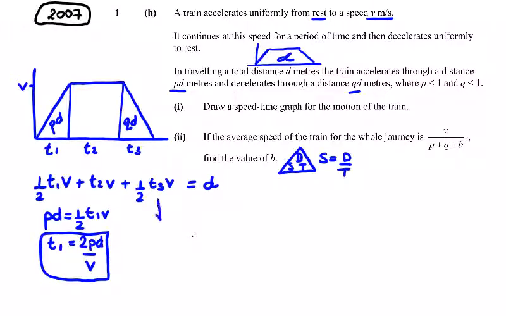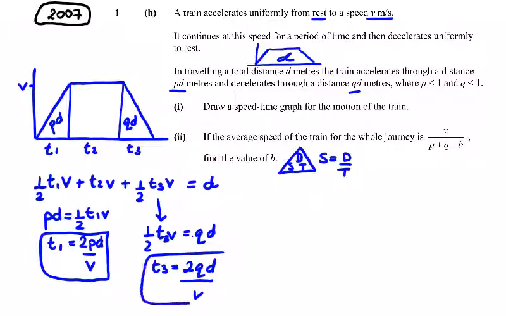We get t3, a half t3 times v is equal to qd. So we can get t3 is going to be equal to 2qd over v. And then what can we say about t2?